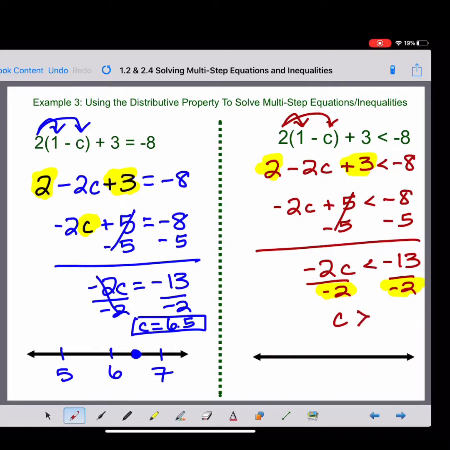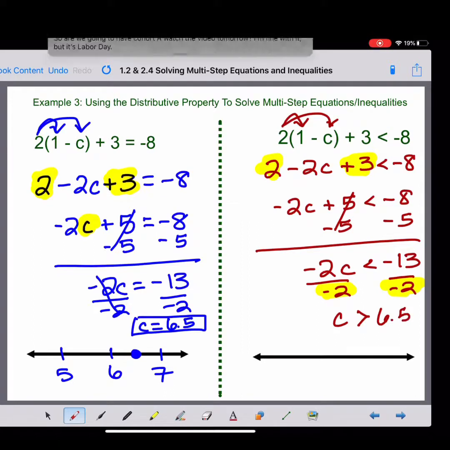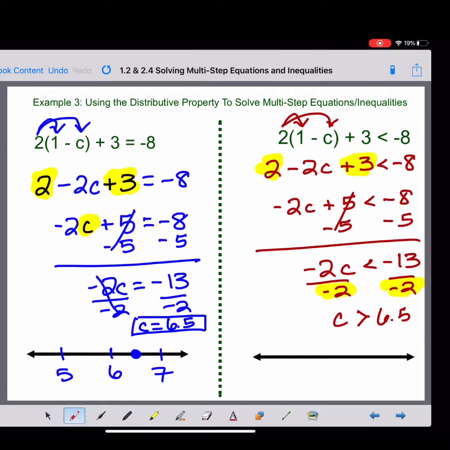So c is greater than 6.5. When I go to graph, I'm going to have an open circle at 6.5. And I'm going to shade everything to the right to represent all of the greater values.